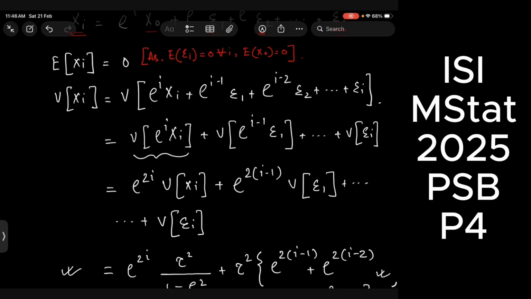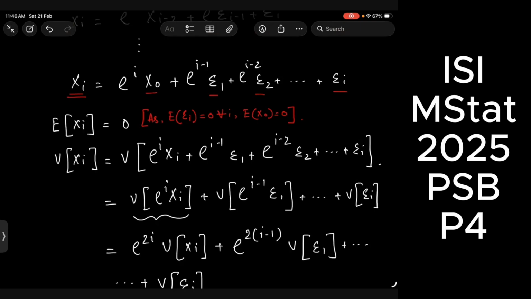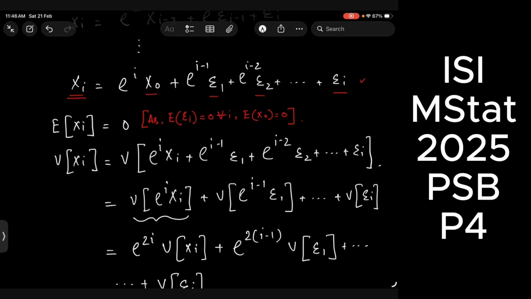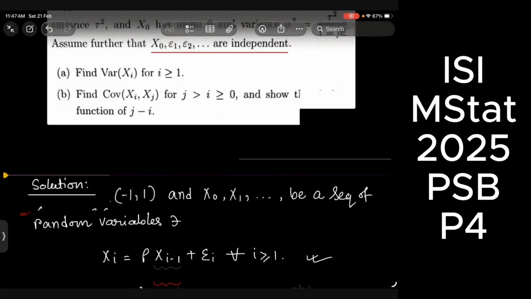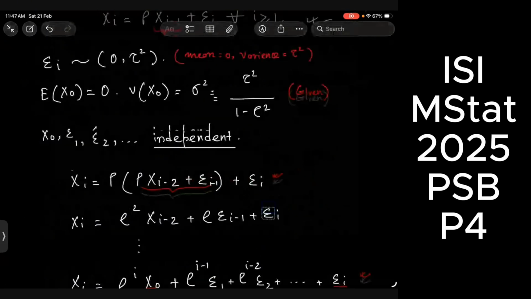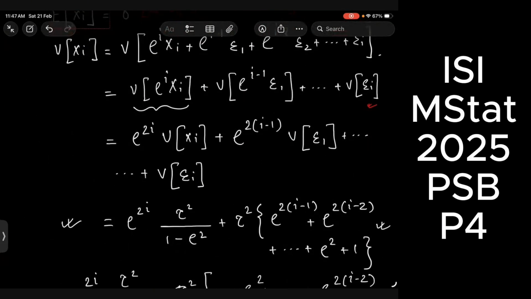Now we will start calculating variance of xi. If you take the variance in this equation, the right side expression will break down like this, as all these things are independent. So the covariance will be 0, right?